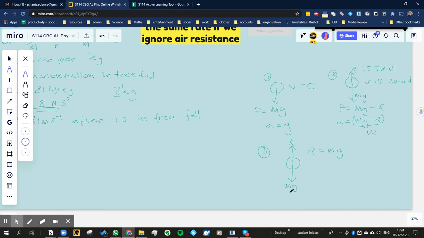At this point, the force was still mg minus R. But now R is a lot larger. R is as big as the weight, the air resistance. So mg minus R is going to be 0.